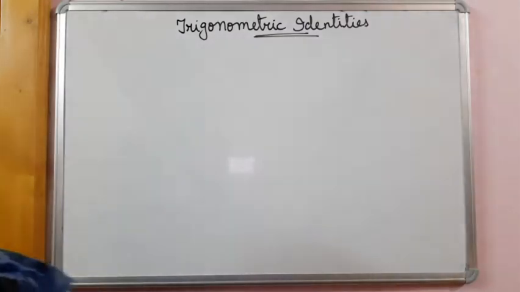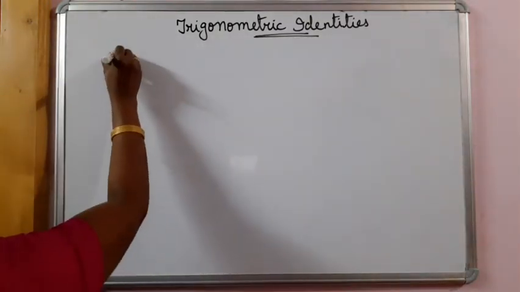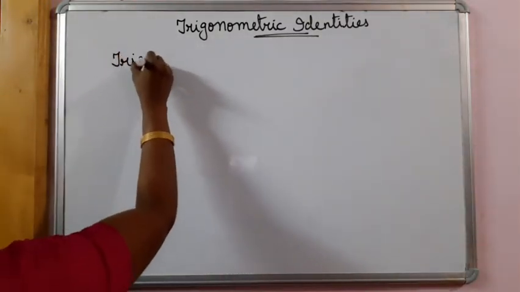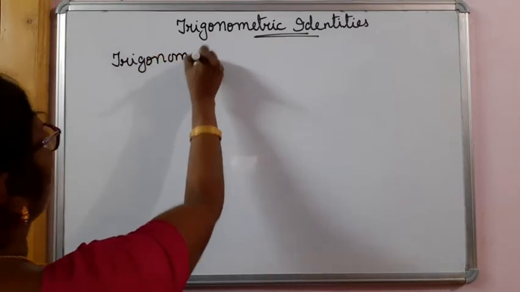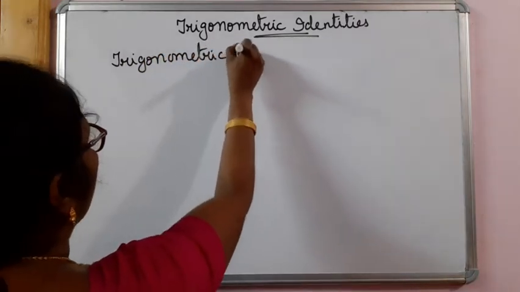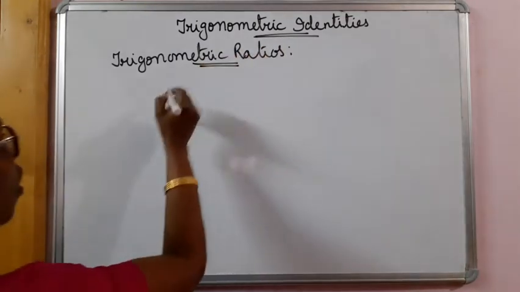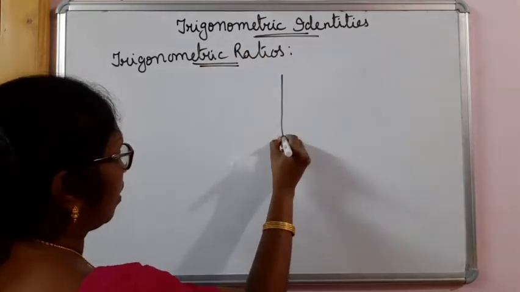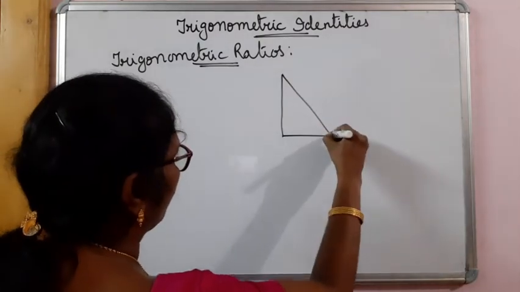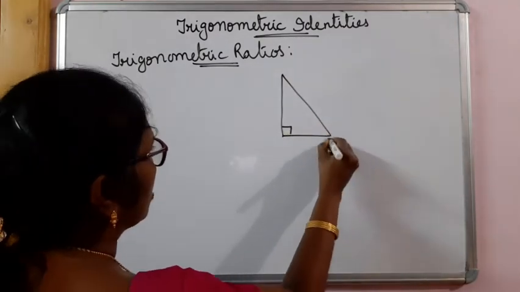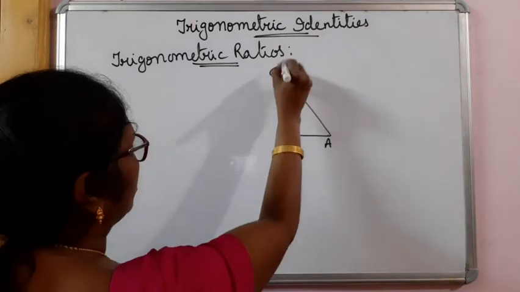Okay? Let us have a discussion of trigonometrical ratios. Trigonometric ratios. These all already we have learned. Suppose this is triangle ABC.